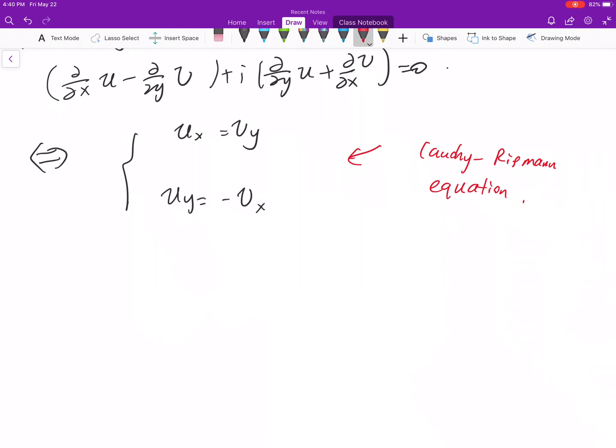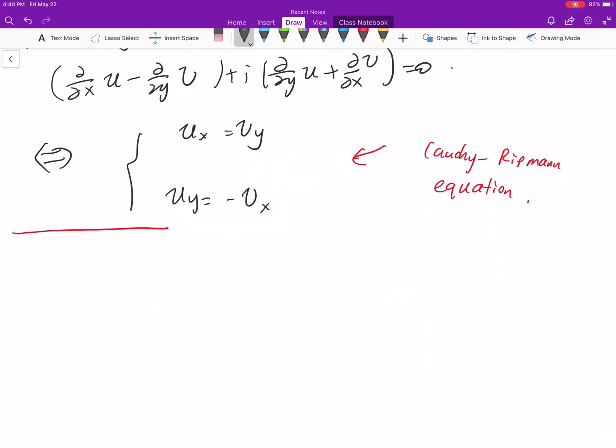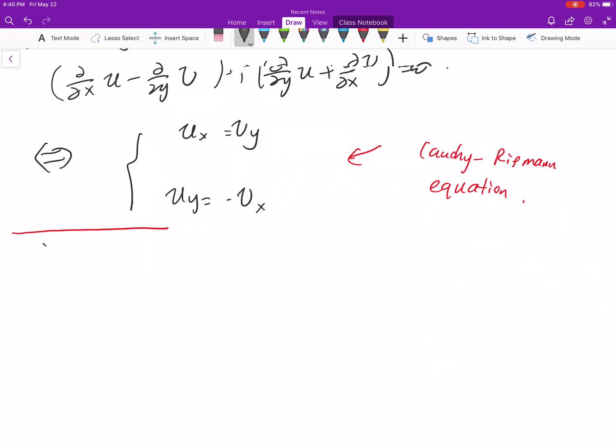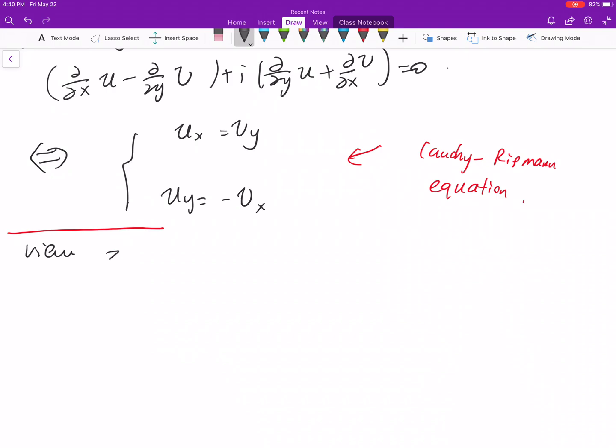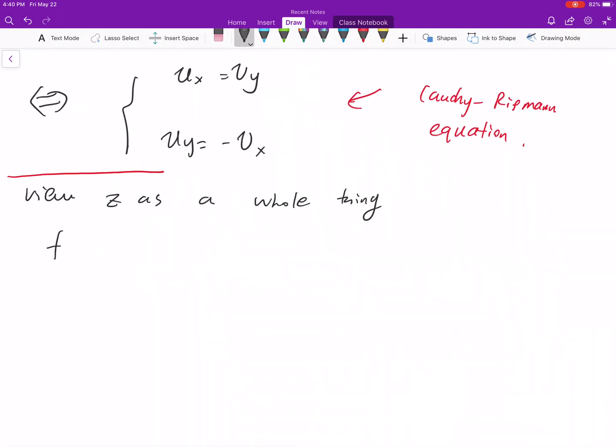Okay, so now let's talk about another definition, which explains why we have the Cauchy-Riemann operator instead of some other first order differential operators. So here we view z as a whole thing, that is, you view it as a single variable, and f(z) is a function of z.